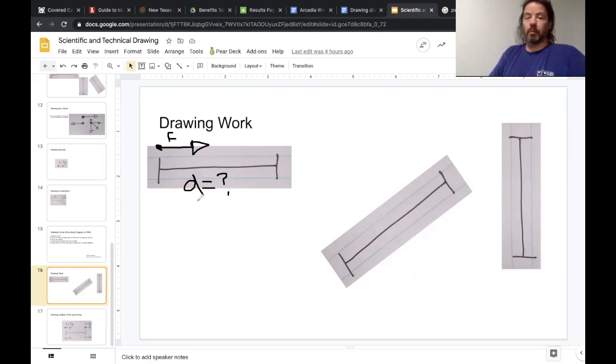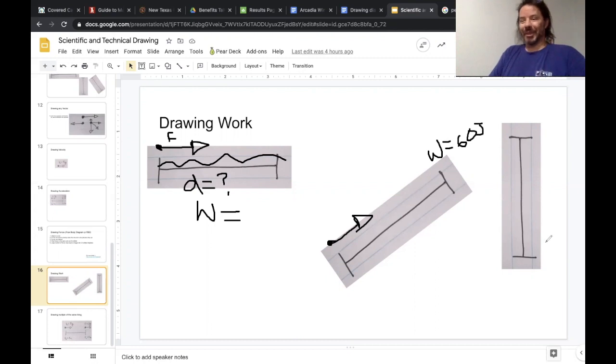Work can be like distance, where it goes between the bars, because the work happens over that distance. So we could put work in between the bars, or I could put work at the end where the work is completed or finished. Okay.